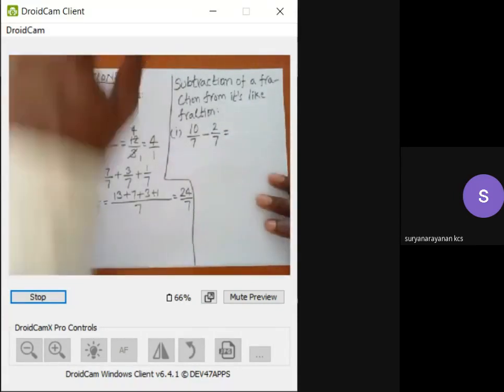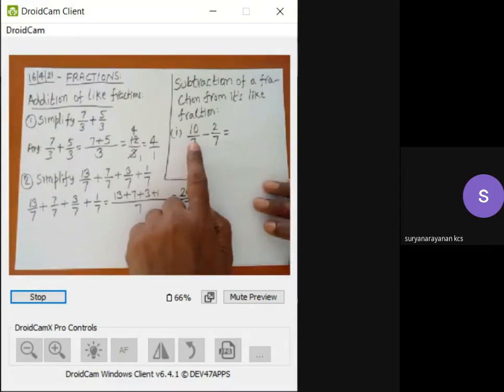See here, my children, this example: subtraction of a fraction from its like fraction.